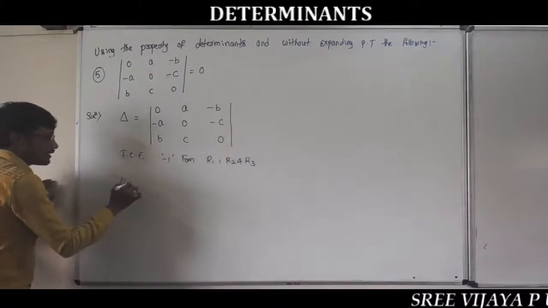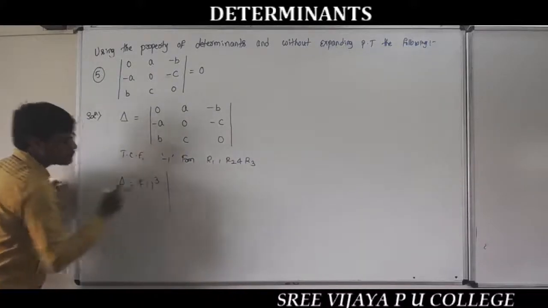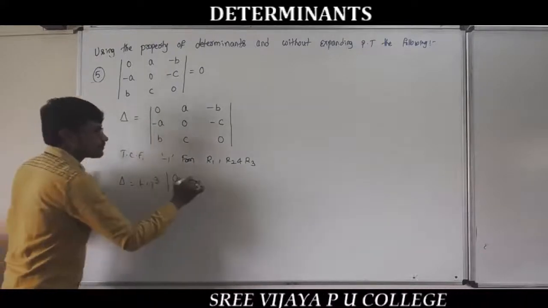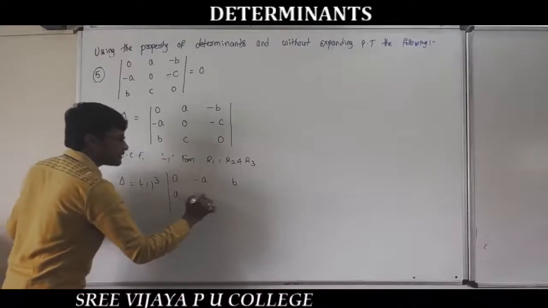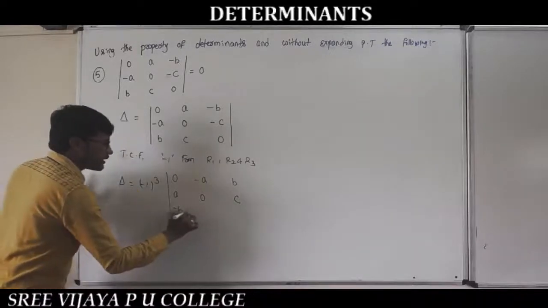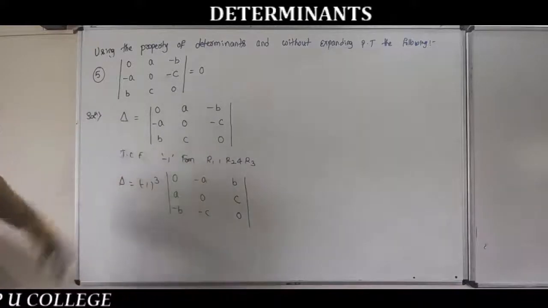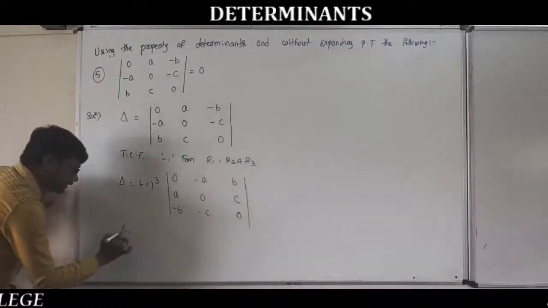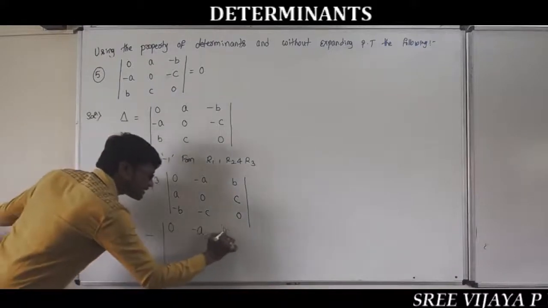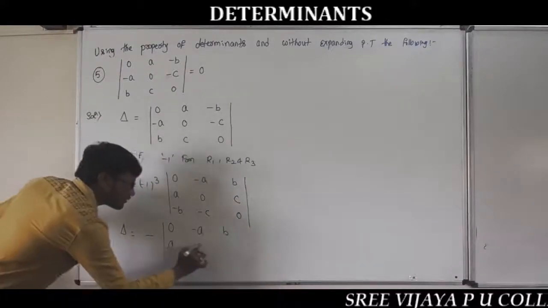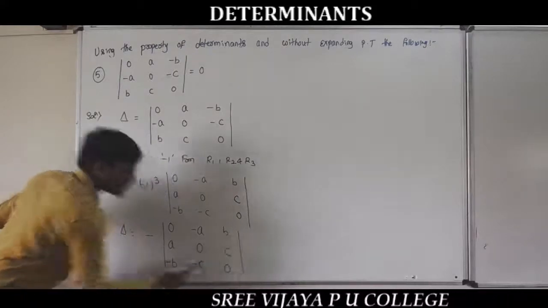So delta will be equal to minus 1 whole cube times 0, minus a, b; a, 0, c; minus b, minus c, 0. Minus 1 whole cube is minus 1 only. Delta equals minus of 0, minus a, b; a, 0, c; minus b, minus c, 0.